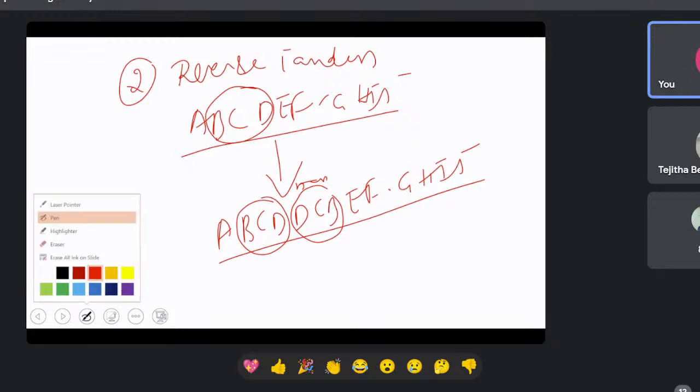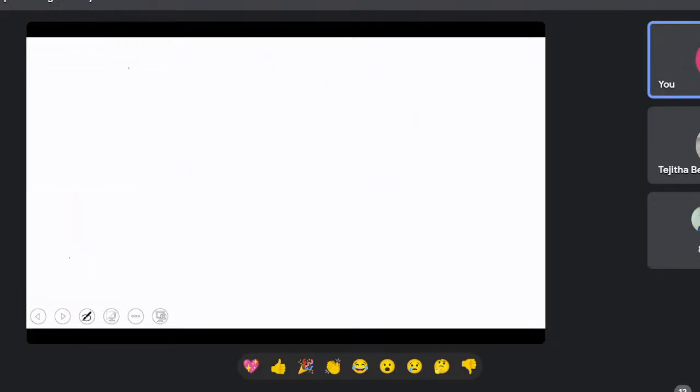Next, the third one is called displaced duplication. In this case, the duplicated region is not situated adjacent to the normal section.